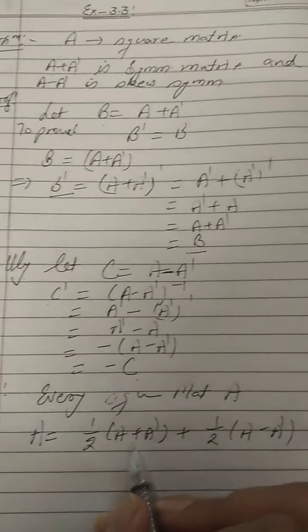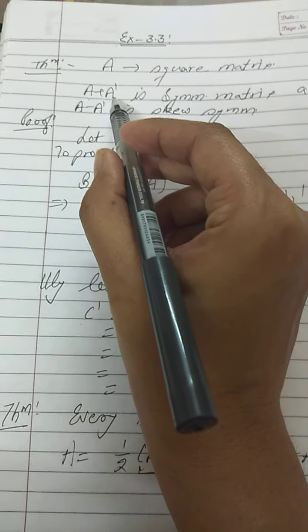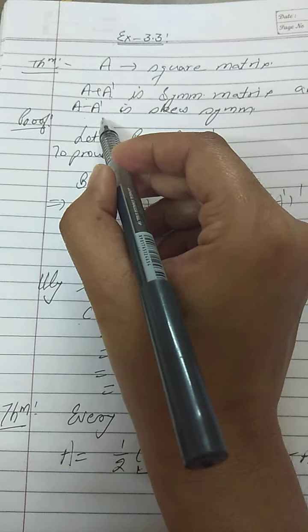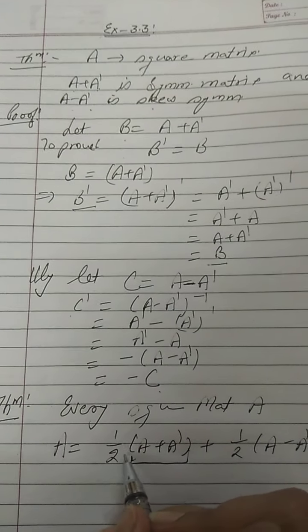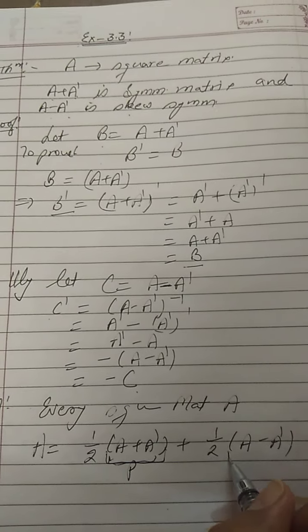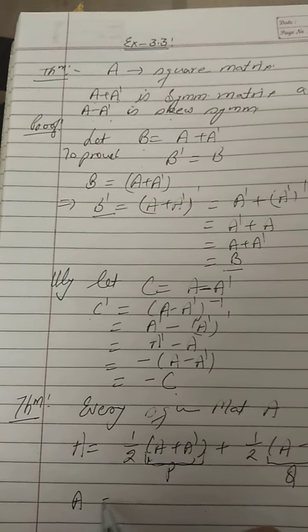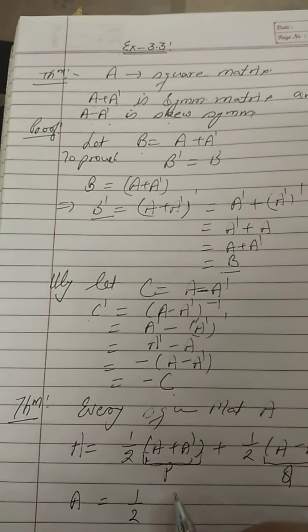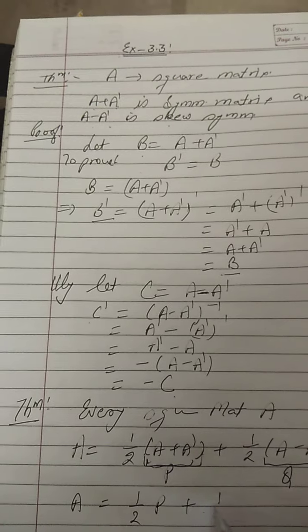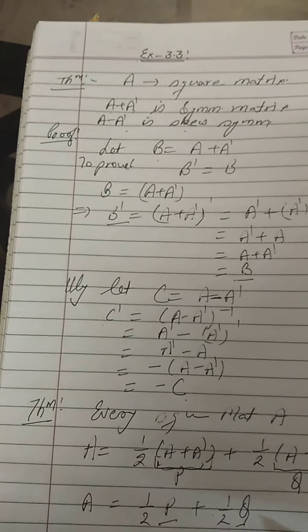Where has this come from? In the previous theorem we proved that A plus A transpose is symmetric and A minus A transpose is skew symmetric. If I take A plus A transpose as P and A minus A transpose as Q, then we are proving that every square matrix can be expressed as the sum of a symmetric and a skew symmetric matrix.